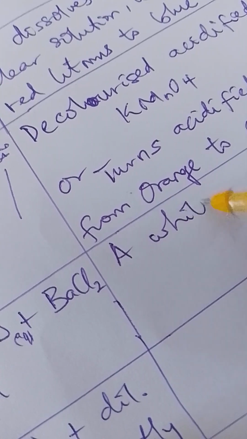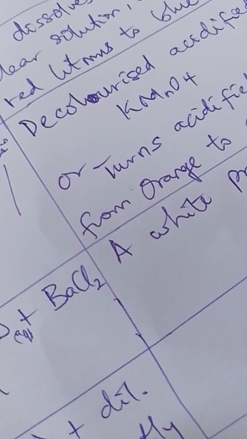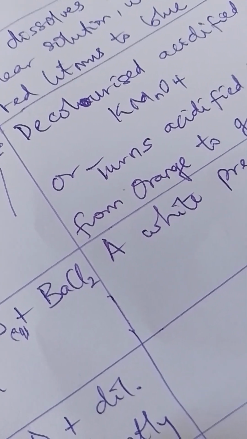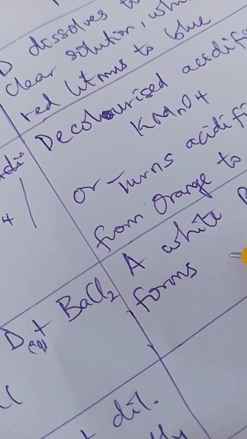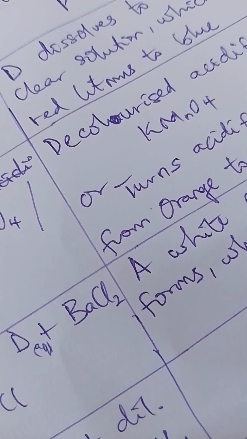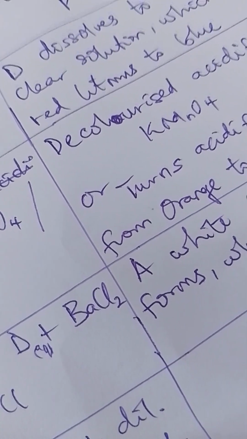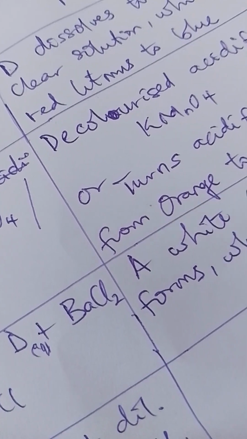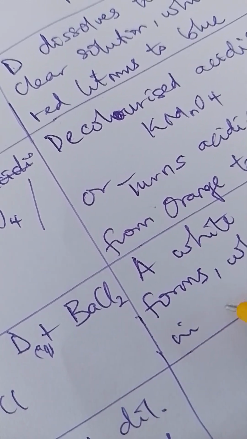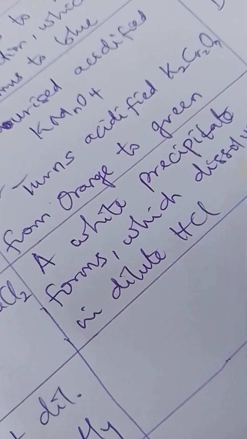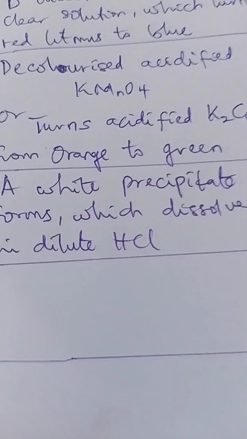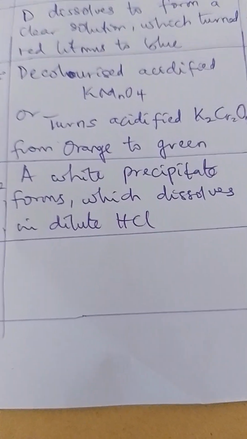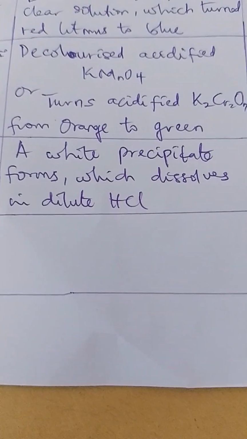All right, a white precipitate forms, which dissolves in dilute HCl. Now, formation of this white precipitate connotes some possible ions, because we are not saying gelatinous, we are not saying chalky or whatever.